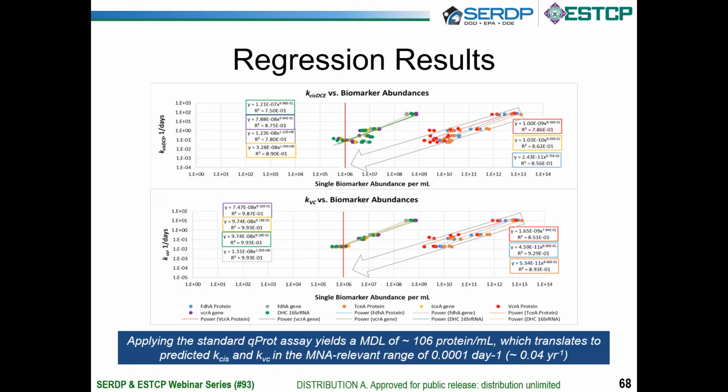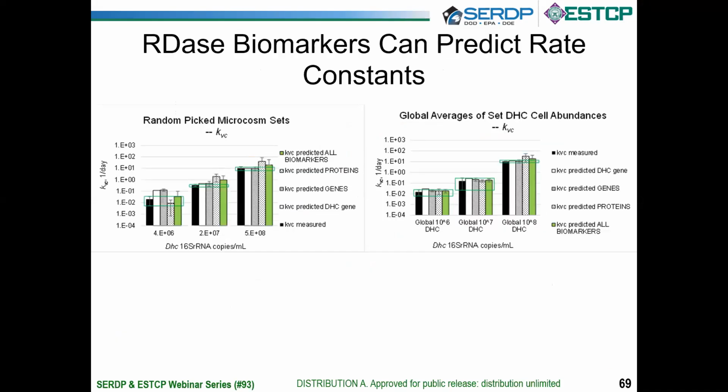So that was positive. On slide 69, we now looked at the data overall to say, okay, how good is our prediction capability? How well can we use biomarker abundances to predict reductive dechlorination rates? And we did this in 2 ways, using data that was not featured to produce the regression equation, but for microcosms that passed our quality checks for both the rate coefficients and also the biomarker abundances.